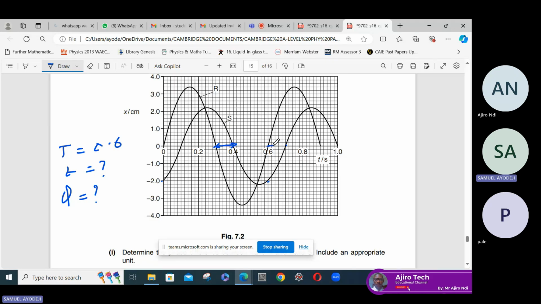It's 0.1. From here to here, it's also 0.1. The time difference is 0.1. Do you get it? Yes, I get it.